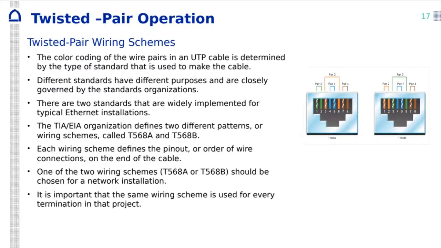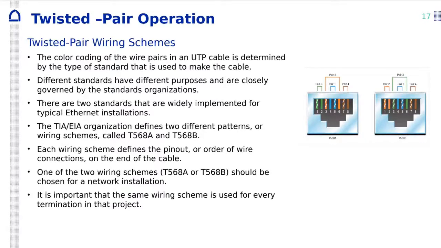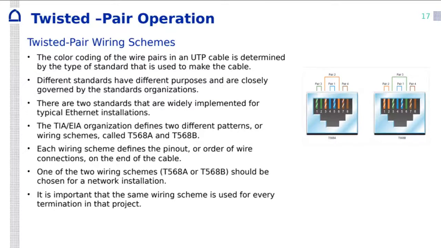Twisted pair operation. Twisted pair, if you look at this diagram here, you can see this is the connector, and you see the wires coming to the connector. So we have green, striped green, blue, striped blue, like this. They are connected to the adapter. Okay, and we have two standards for the connection.